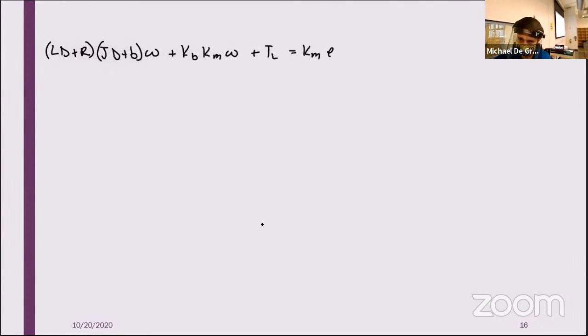Come on, you can do it. All right, so if I multiply through by k over m on everything, I'll get this plus k b k m omega plus T sub L is equal to k m times E sub n. And so massage this just a little bit more.